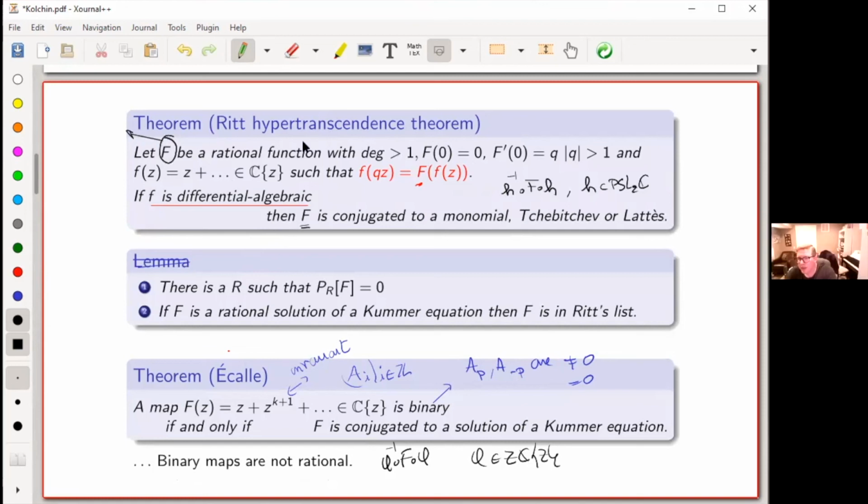Aren't there also setups which get a similar conclusion? For instance, this seems related to the paper of Alice Medvedev and Tom Scanlon. There are many places where these three cases appear naturally. Each time, for instance, when you're doing complex dynamics, each time you have an inequality, or not each time, 99%.